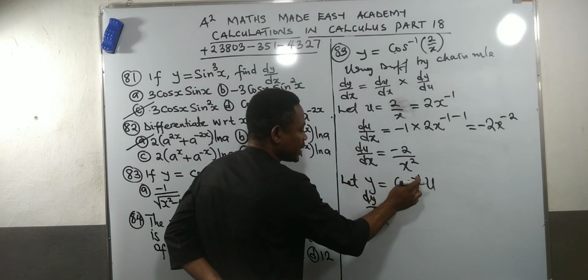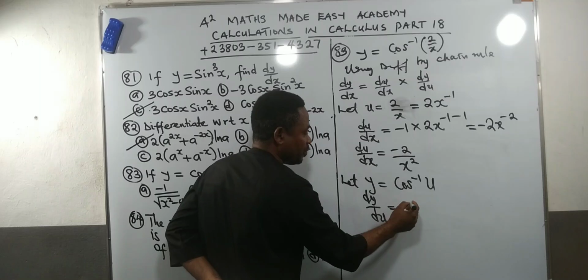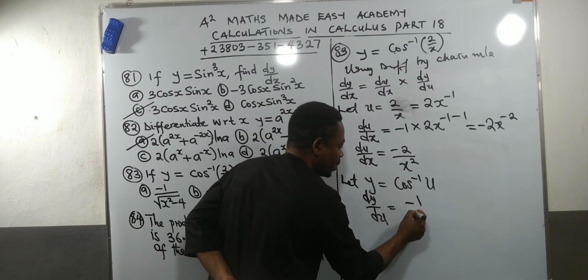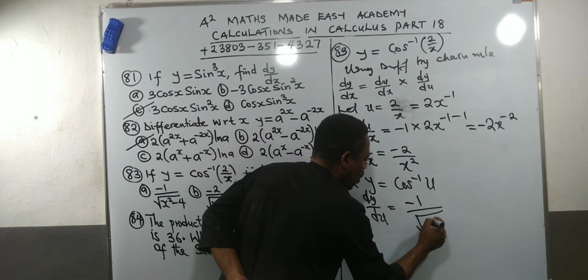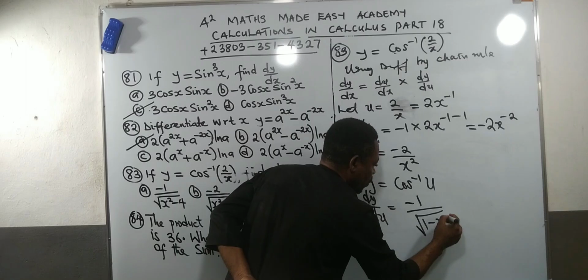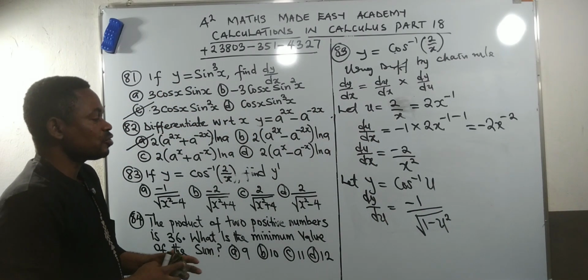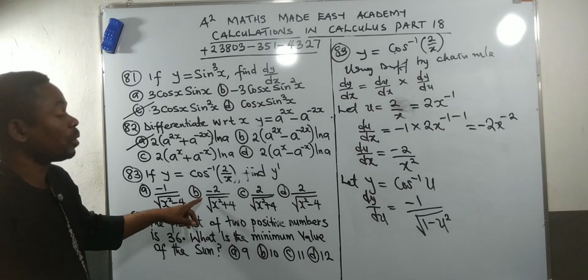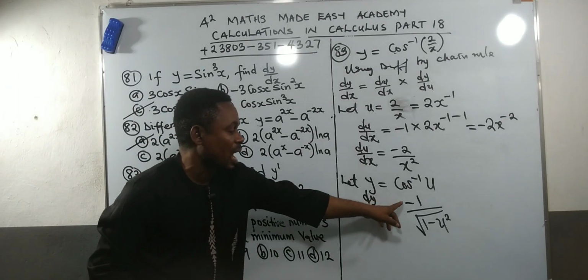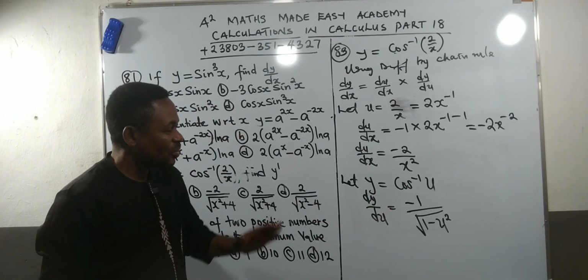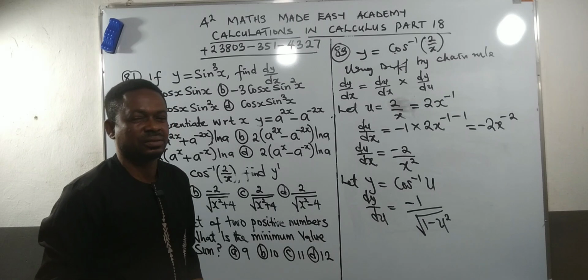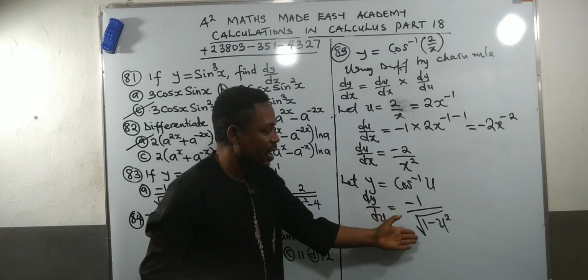The law is that anytime you are differentiating cos inverse, it will give you minus 1 all over square root of 1 minus u squared. And that is the answer. So we may not even conclude that it is still option B, because we have gotten another minus. So that is not the end. We have to solve it. Can we move ahead now?